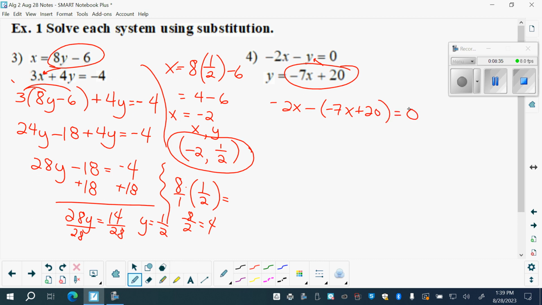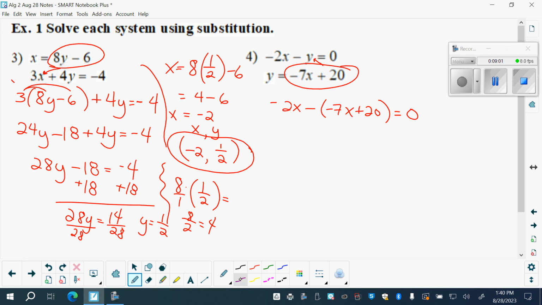Usually if students have a hard time with this, it's that step right there, getting it to this one. So we just took this and substituted it for the y. Why did I put parentheses around that? There's a -1 in the front, and I have to take that -1 and multiply it by everything inside this parentheses.